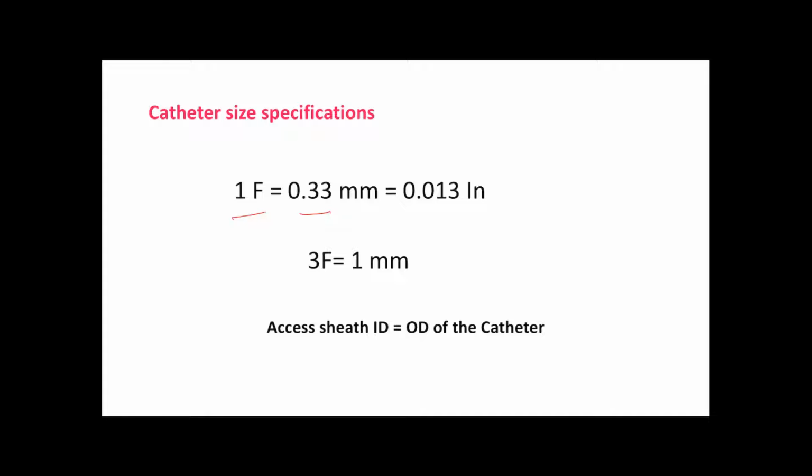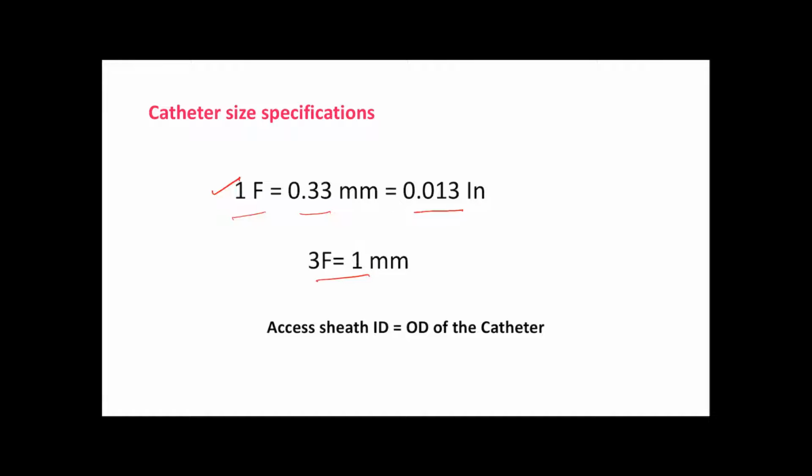Basically, 013 is actually 0.013. So one French is equal to 0.33 millimeter, and it is equal to 0.013 inches. So when we say 032, that means it's 0.032 inches.